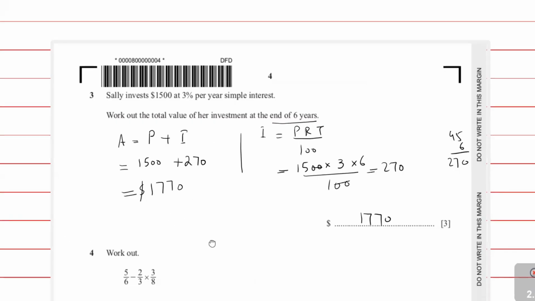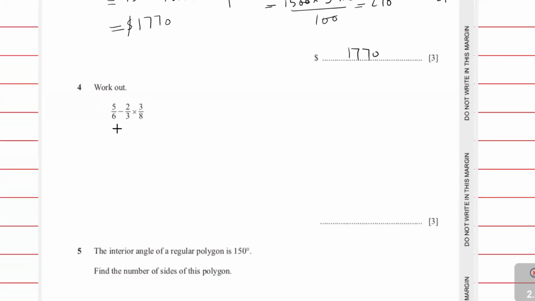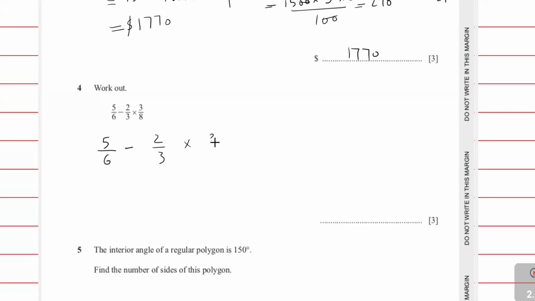Question number 4. Work out 5 over 6 minus 2 over 3 multiplied by 3 over 8. 5 over 6 minus 2 over 3 multiplied by 3 over 8. 3 would be cancelled. 2 times 4 is 8. Therefore, we can write 5 over 6 minus 1 over 4.